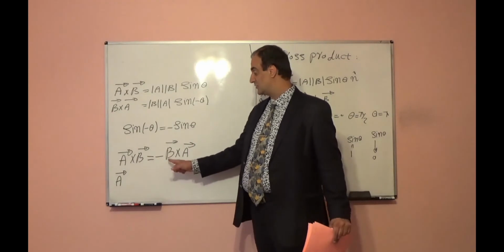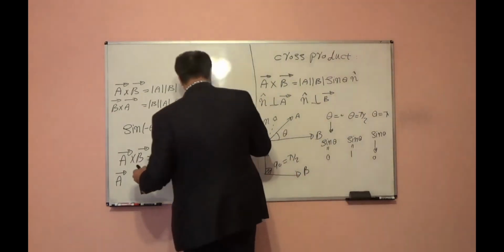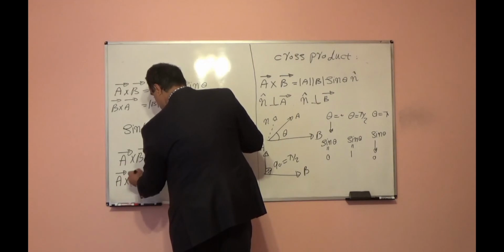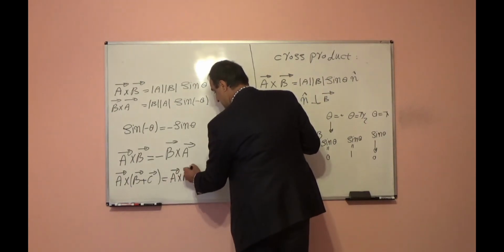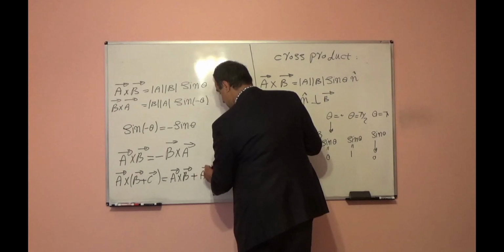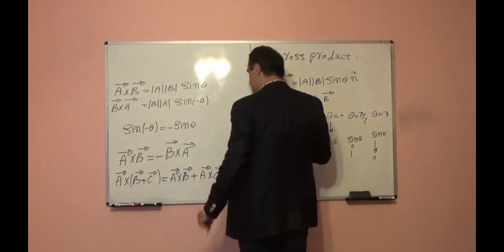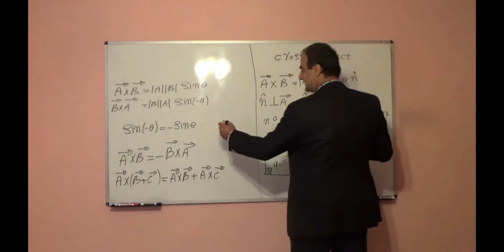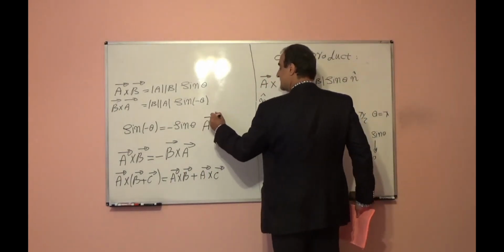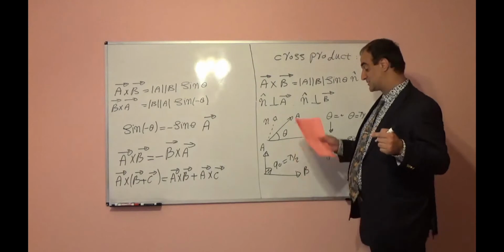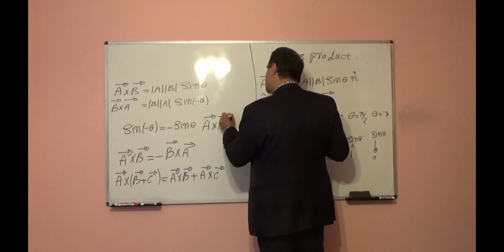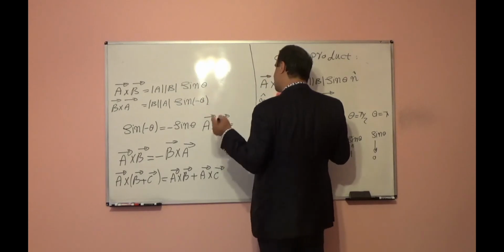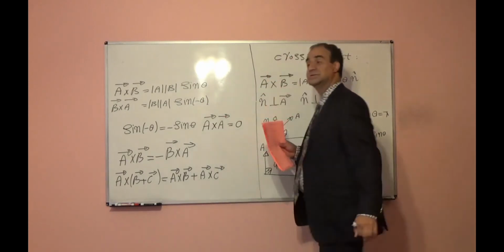A cross B is equal to negative B cross A, and vector A cross the sum of vectors B plus C will be equal to A cross B plus A cross C. We can write that. And another thing, if you remember, A dot A was A squared. But here, vector A cross vector A, because the angle between A and A is 0, the answer will be 0.